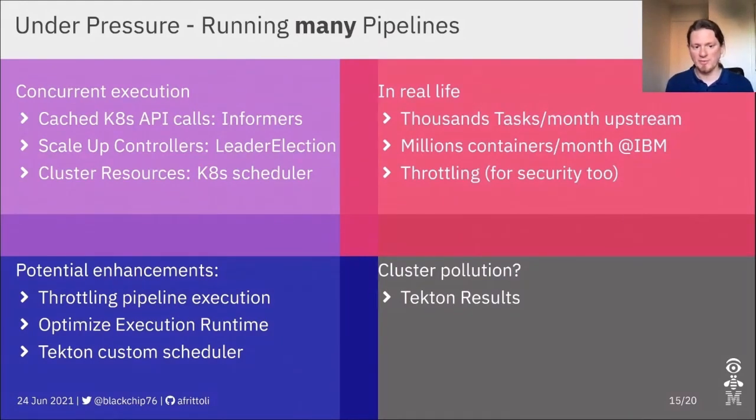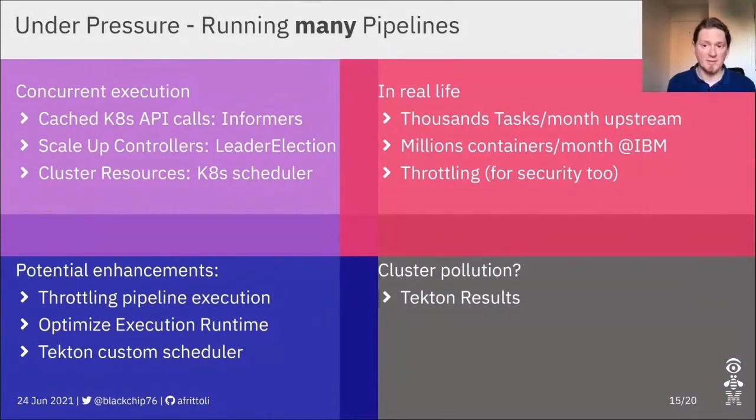An option that we also consider is writing a custom scheduler for Tekton that would be optimized to the way Tekton utilizes Kubernetes resources. In practice, we use Tekton for Tekton-owned CI/CD. So we run thousands of tasks a month in this kind of environment.